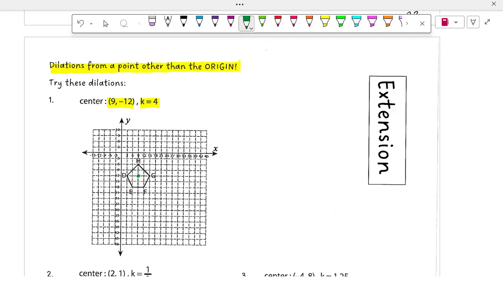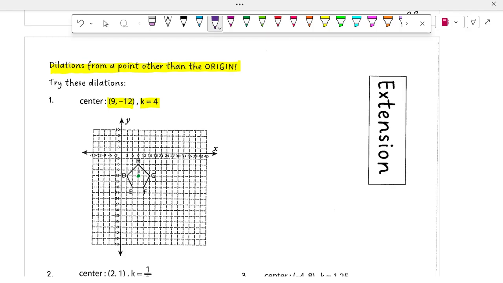So, for example, to get from D to H, I would go up 2 over 2. Now, that's to get from D to H. But let's say I'm just trying to get to H from my center.